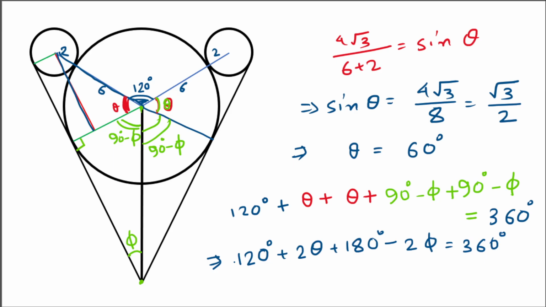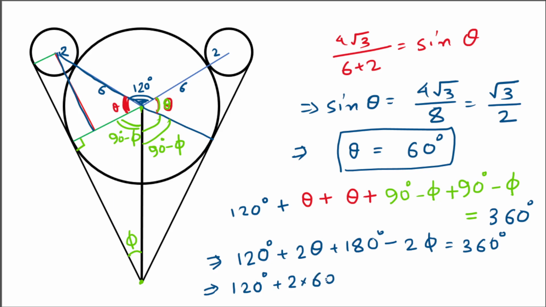Now we have the value of theta as well. Theta is 60 degree, so we'll substitute that. So this is 120 degree plus 2 into 60 degree plus 180 degree minus 360 degree equals 2 phi.